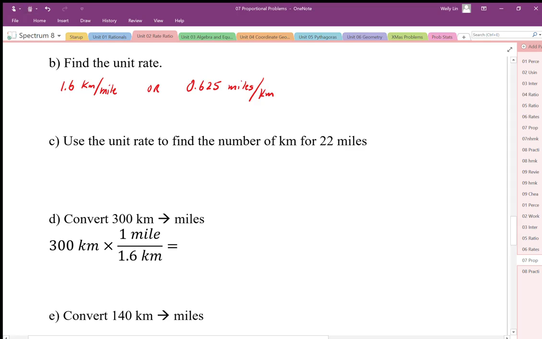So I have 22 miles, and I'm going to multiply. I can use either one. In this case, I'm going to use the 1.6 because it just seems a little bit easier. Although I could do 1 kilometer divided by 0.625 miles, depending on which ratio I want to use. As long as my miles cancel out, I'm okay. Dividing by 0.625, in the end, is the same as multiplying by 1.6.